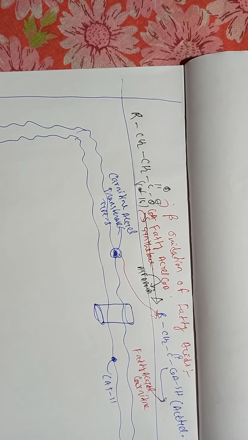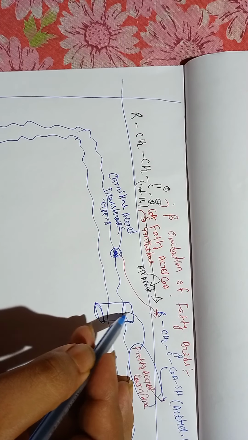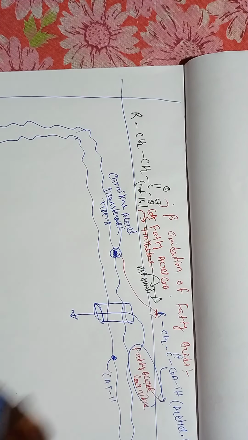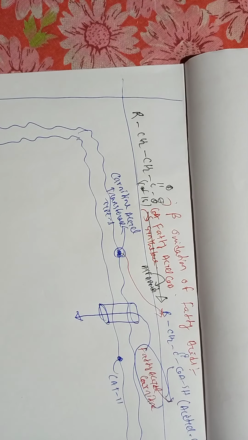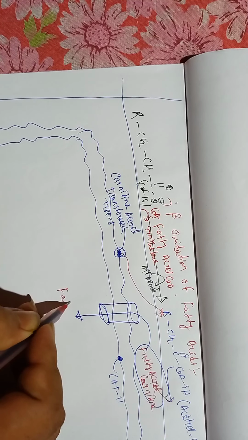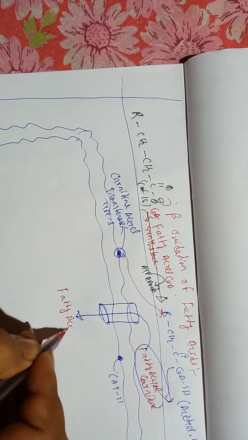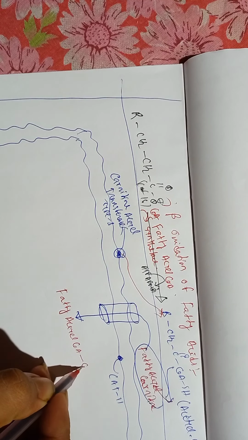Now this fatty acyl carnitine has the capacity to take entry. It will come in through this channel within the mitochondria. Now within the mitochondria we have fatty acyl CoA carnitine.